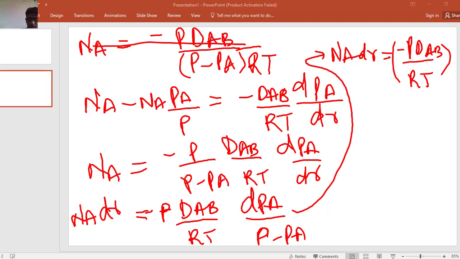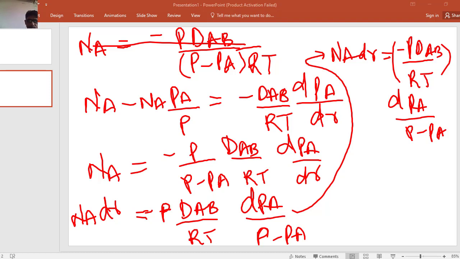Suppose we take the ln, so that NA dr equals minus P DAB divided by RT into dPA divided by P minus PA.